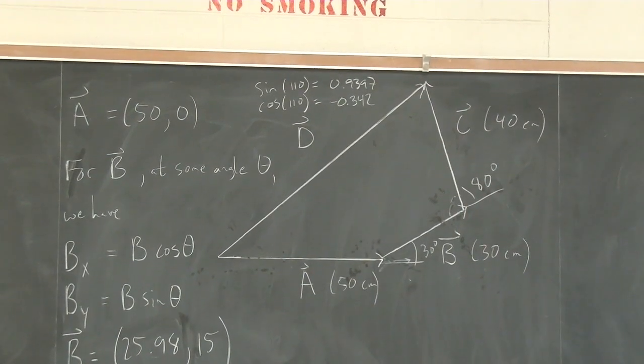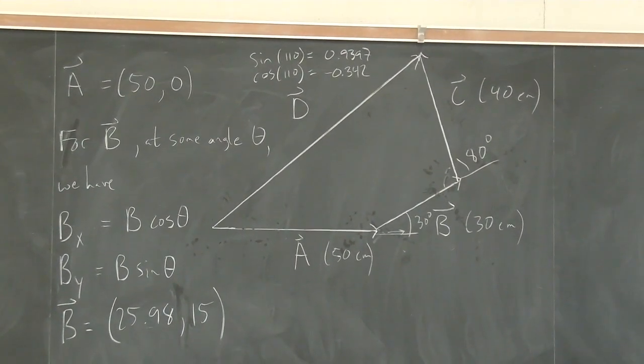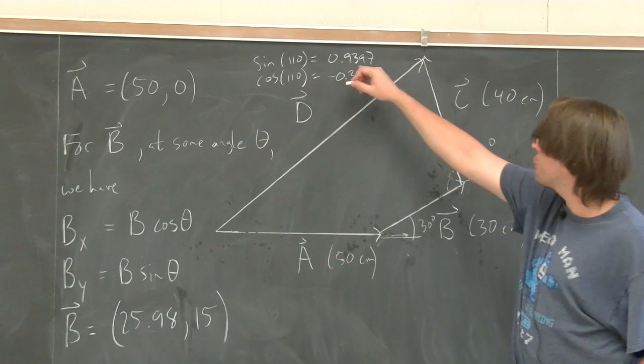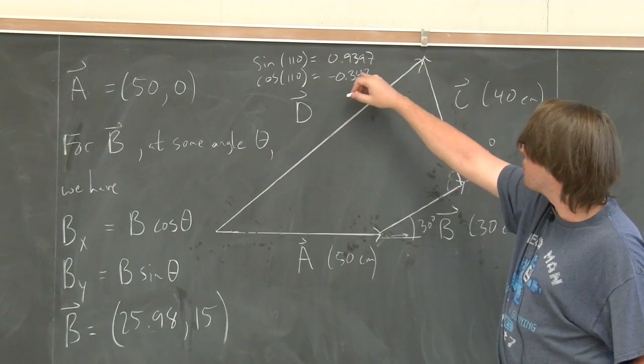Okay, so to get the components of C, I'm just going to multiply 40 by 0.9397, and that'll be the y component.